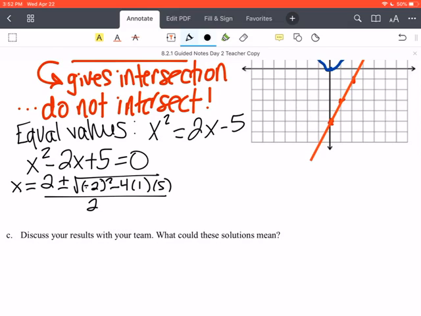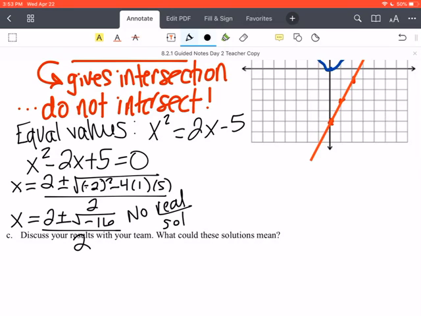So I'm just going to keep it as 2. From here I have x equals 2 plus or minus the square root of 4 minus 20 is -16 all over 2. So right at this point you would have stopped and said no real solution. So maybe we can write that in, no real solution.